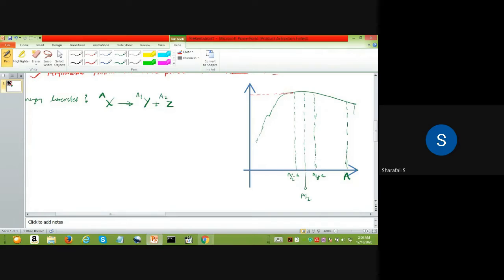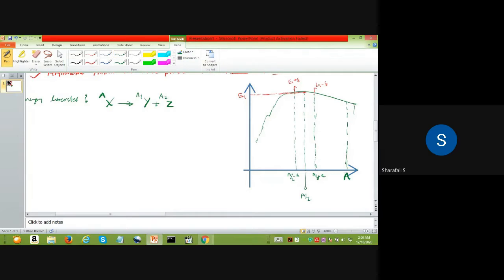So this is the energy corresponding to this, and I will take this as E1. This point is E1 plus some delta, and this is somewhere E1 minus delta.